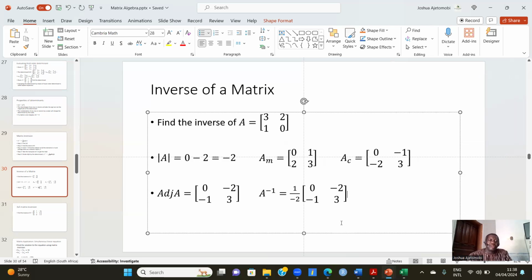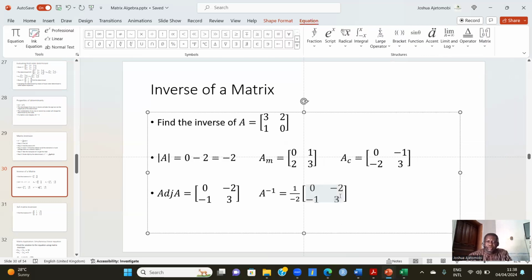So that is how to calculate the inverse.